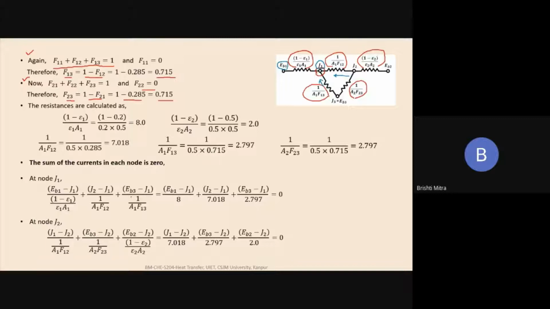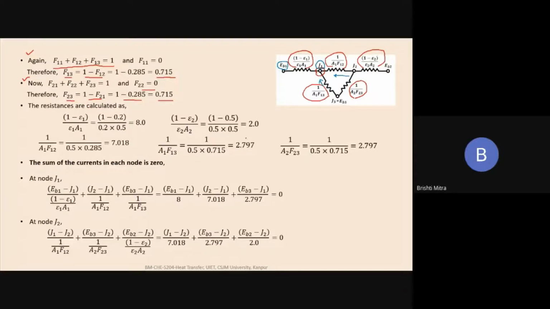Instead of J3, I can also write it as EB3 because we found out that J3 and EB3 are the same. So that is why I have written it as EB3 instead of J3. Now we have calculated the values of the resistances, so we put in the numerical values out here.